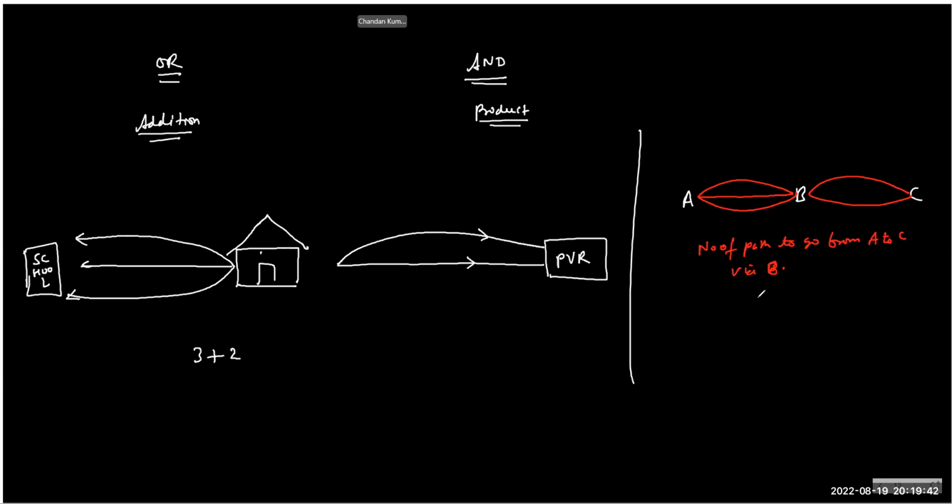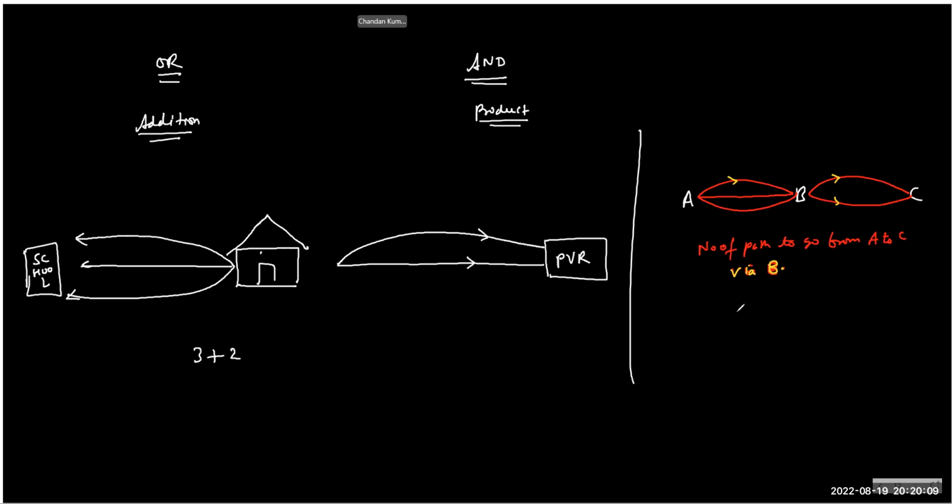So what is the number of possible paths to go from A to C via B? You can go from A to B like this, and then you can choose a path from B to C. Then for every path from A to B, we have 2 possible paths, correct? So how many total paths are possible from A to C?